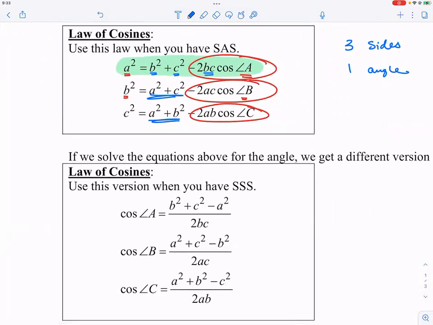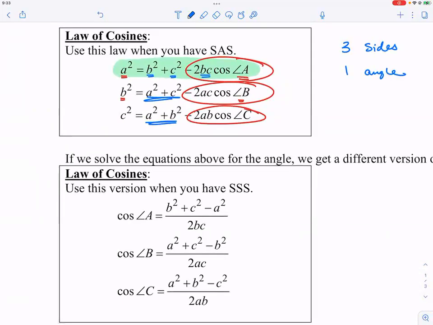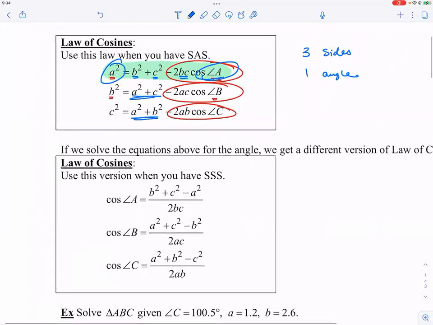I would just memorize the first one, plug it in and solve. You're PreCal students. You should be able to handle all these things very well. I just need to make sure that the side A on the left goes with cosine A. The side and the opposite angle are the major characters here.